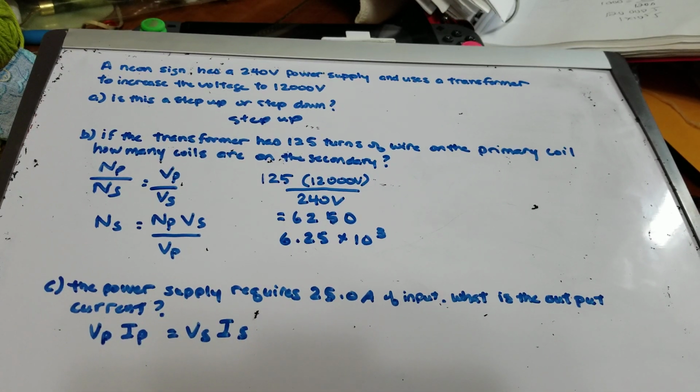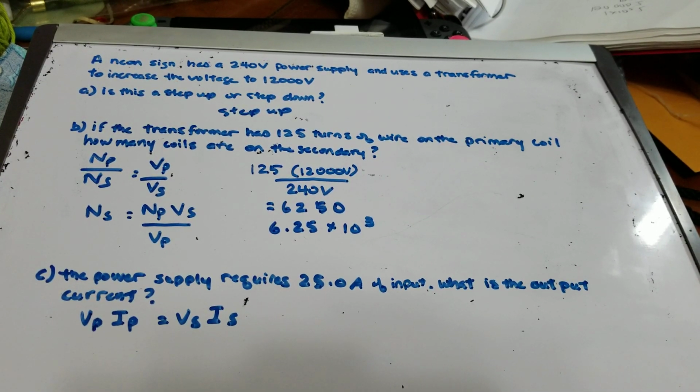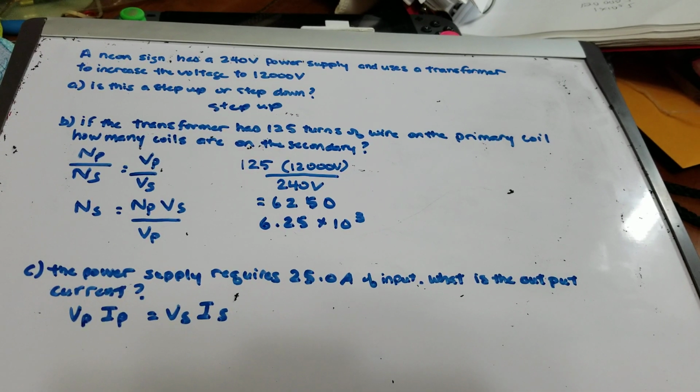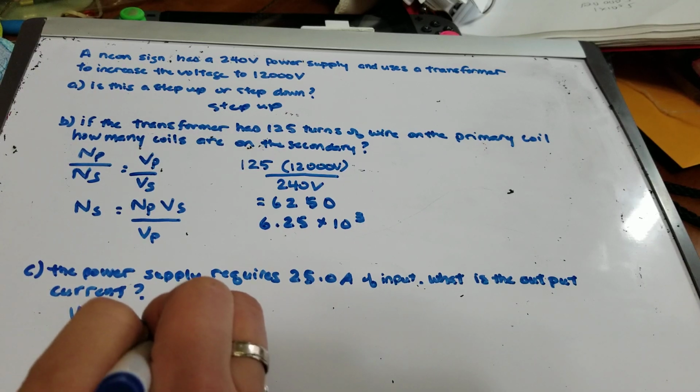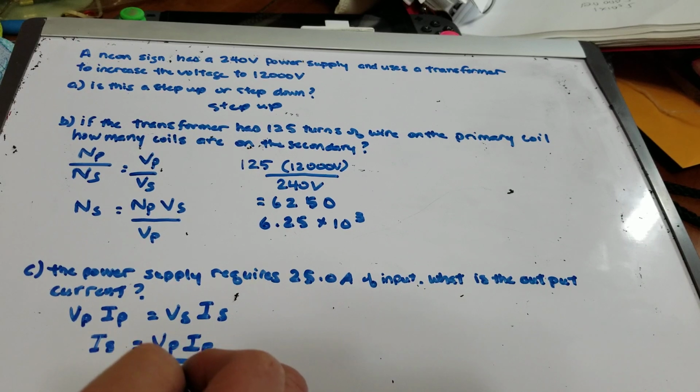Let me move this up a little bit so you can see it. VP is voltage primary, IP is current primary, which is equal to voltage secondary times current secondary. This question is asking about the output current, or your IS. So when you rearrange the formula, you get IS is equal to VP IP divided by VS.